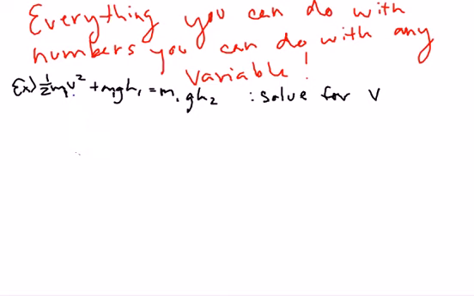So we want to first subtract. Remember, it was an addition, so we want to subtract m1g times h1. They might have long names, but they are just the same as any other variable. And if we subtract it from one side, we must also subtract it from the other side.